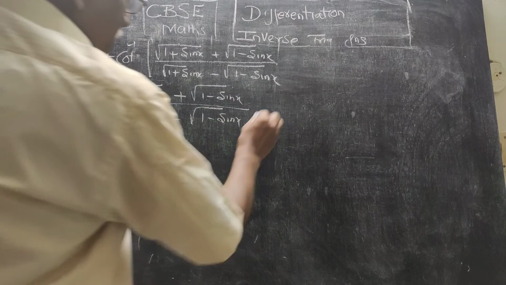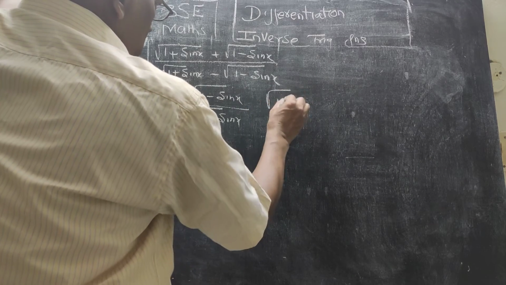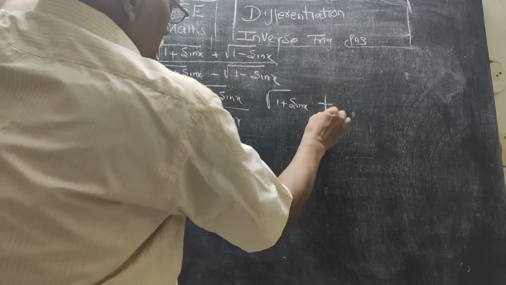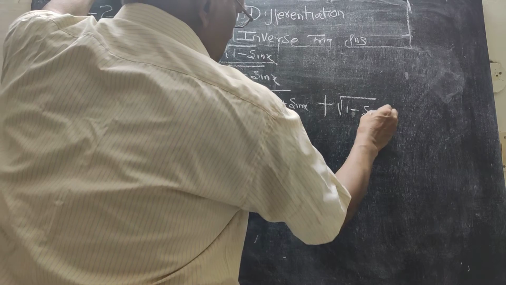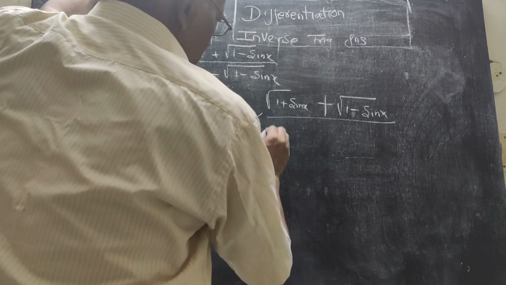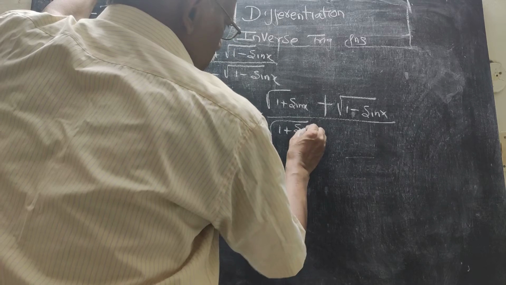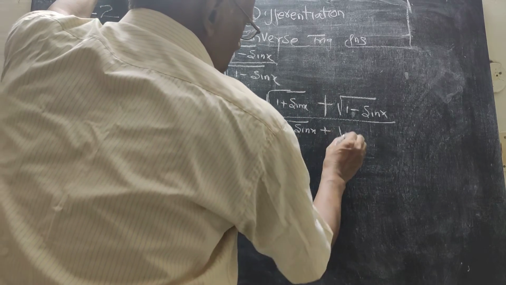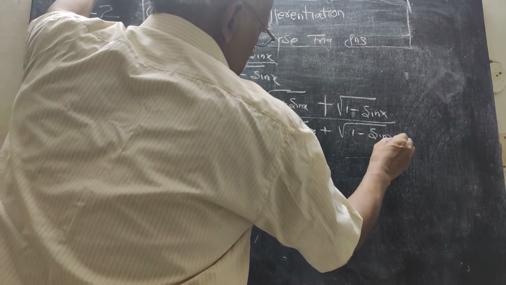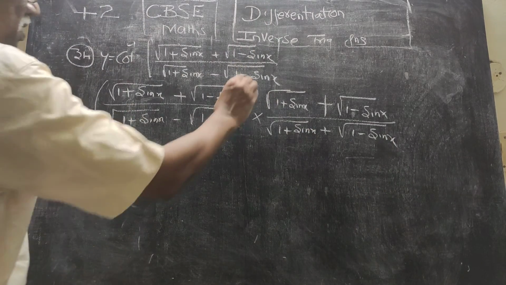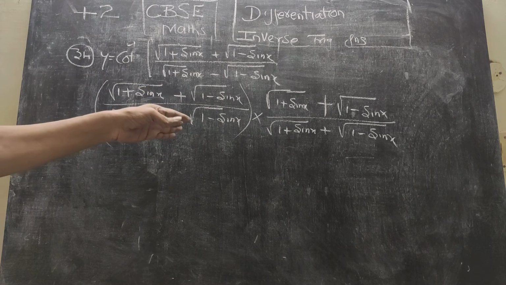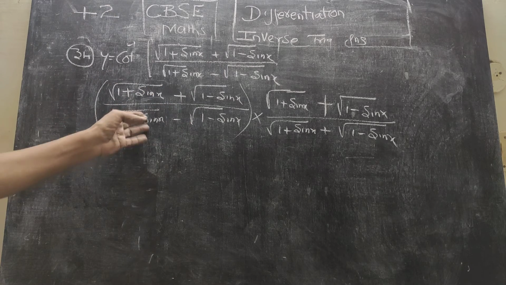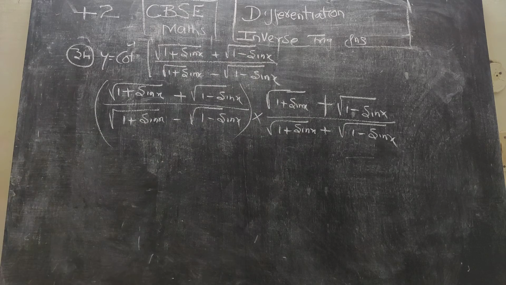So rationalizing this part, you have studied rationalization in your 9th itself. The conjugate of this, I am taking root of 1 plus sin x minus this, so I am multiplying and dividing by the conjugate, that is root of 1 plus sin x plus root of 1 minus sin x.